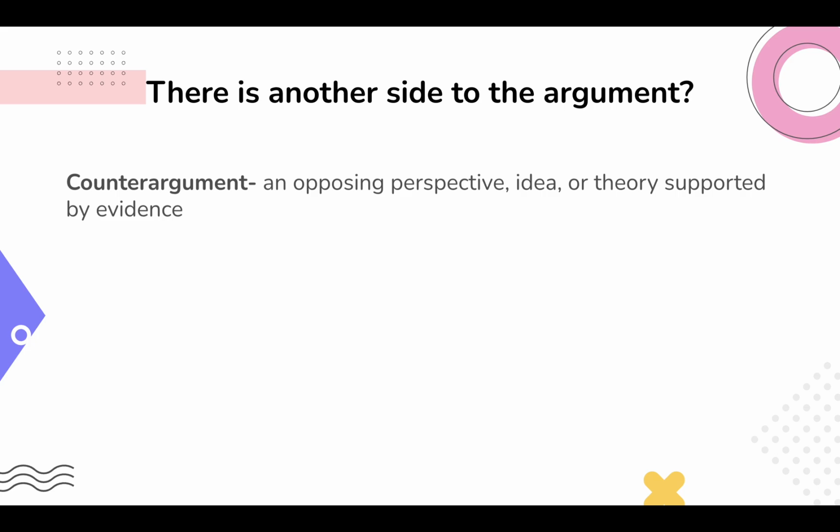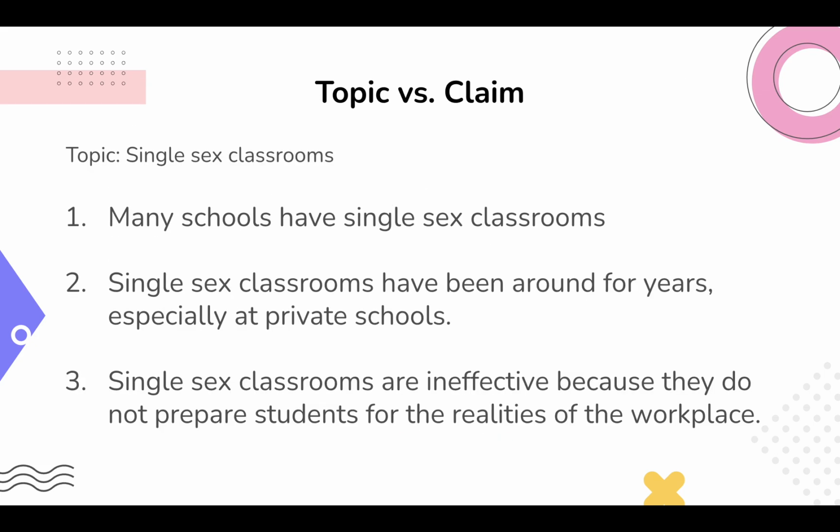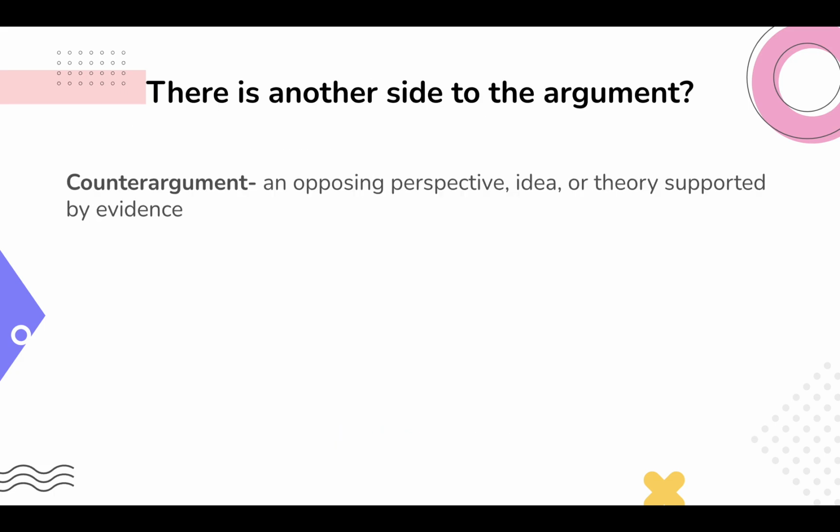The counter argument is the other side of the perspective, idea, or theory. So if we go back to this statement, single-sex classrooms are ineffective, if my argument is that they are ineffective, then the counter argument is going to be that they are effective.